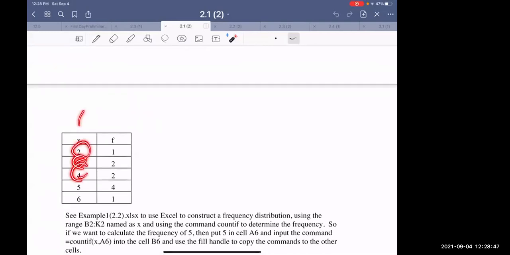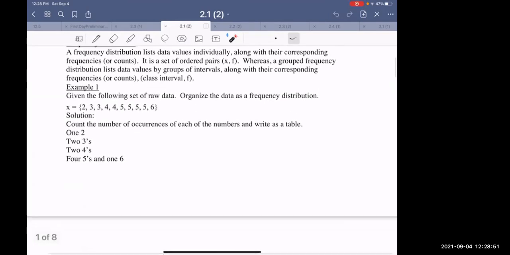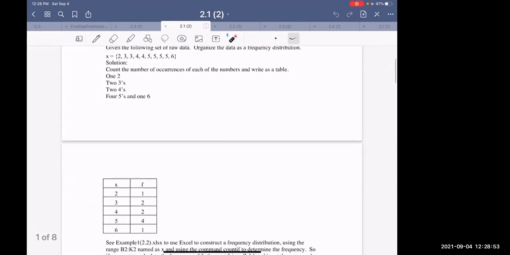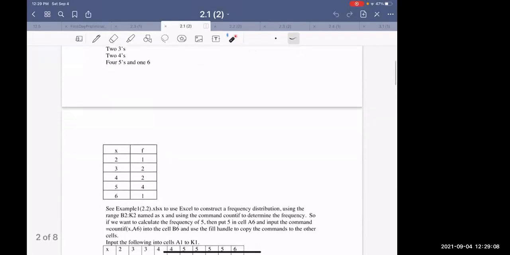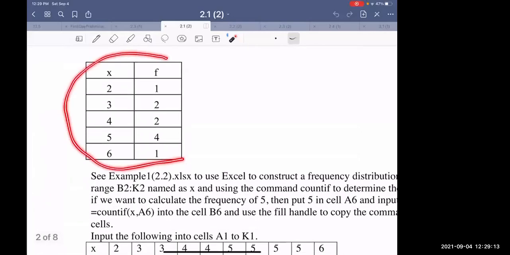Next, there is 1 two, 2 3s, 2 4s, 4 5s, and 1 6. And so I can organize this raw data as this frequency distribution.